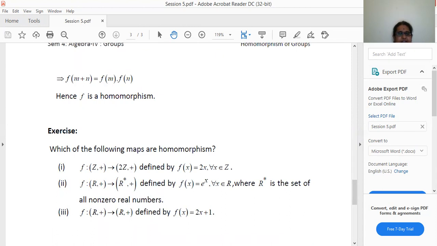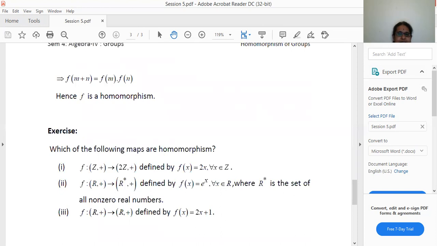So f of x is equal to e power x, f of y is equal to e power y. Now consider what is f of x plus y. f of x plus y is e to the power of x plus y. e to the power of x plus y is e power x into e power y. So this is what we get for LHS. Then for RHS, f of x is e power x, f of y is e power y. So f of x plus f of y will be e power x plus e power y.